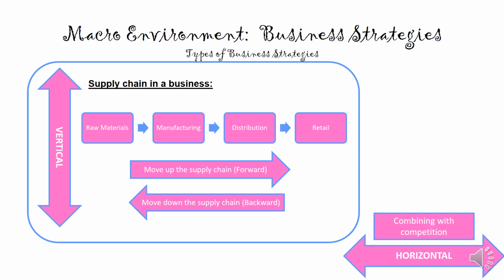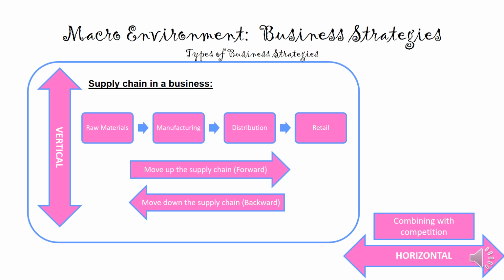And then lastly, in retail, the retailer is where the product obviously is now going to be sold to the final consumer. Now, when we look at vertical integration, it can either be forward or it can be backward. When you give answers in an exam, you cannot just say forward integration and backward integration. It is very important that you mention also that it is vertical integration. All right, vertical integration, forward integration means that we are moving further up the supply chain.